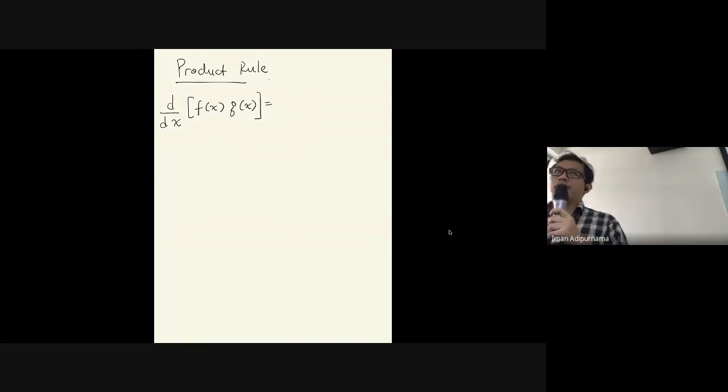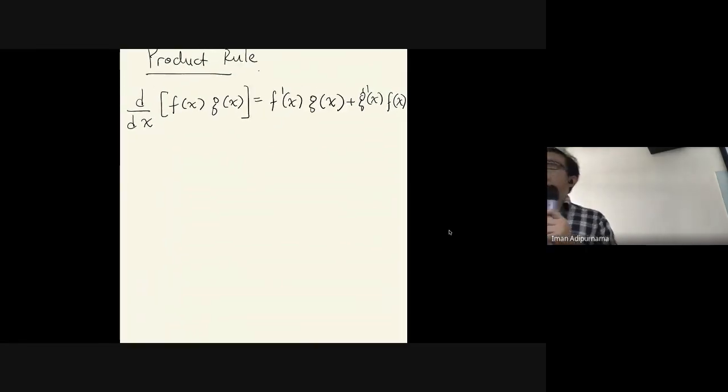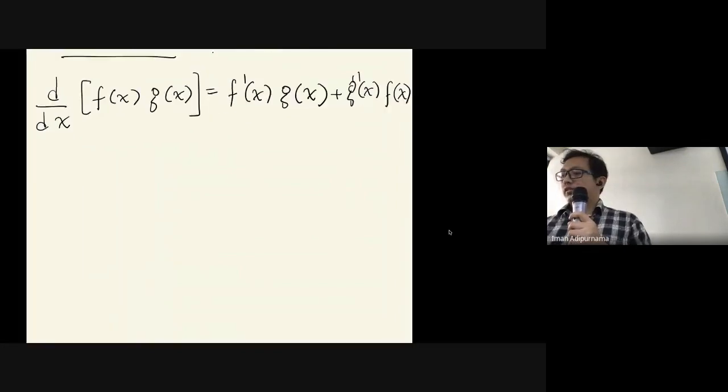What is the derivative of f g? You remember? So f prime x g x, right? And then what? Plus, right? I think this also appears a lot in high school exams.